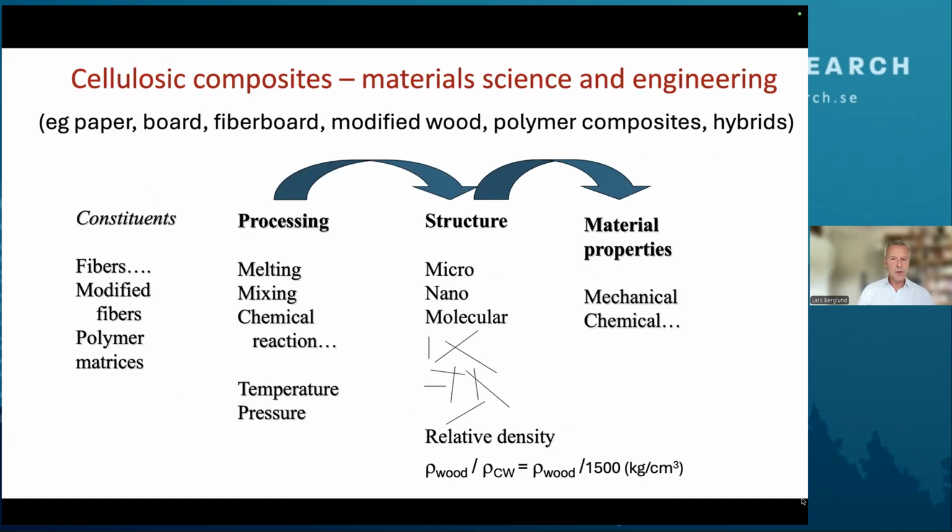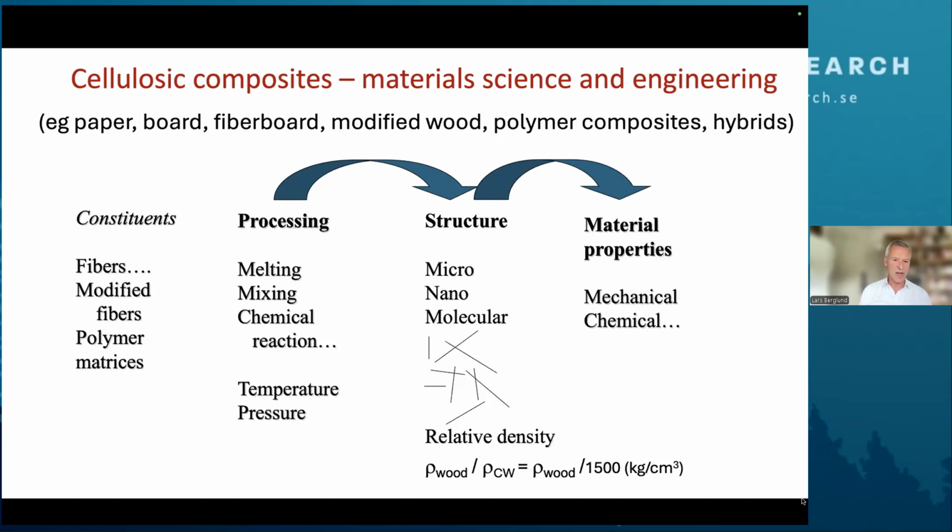I also want to emphasize the material science and engineering paradigm, which is essentially where I've been operating. The essence here is that for composites, we start with constituents. Those are fibers, they can be modified, and we have a polymer matrix.